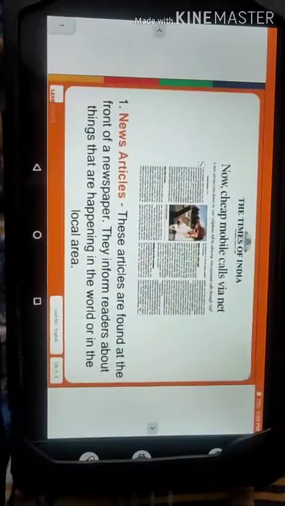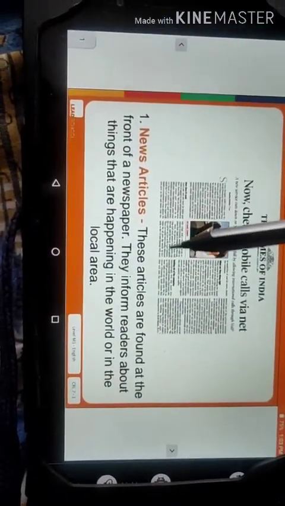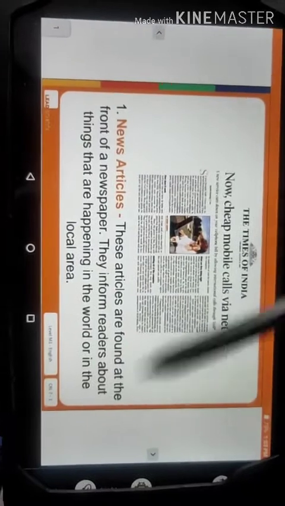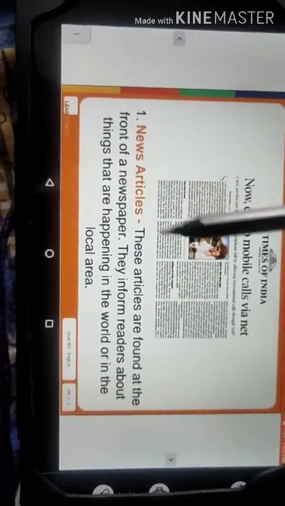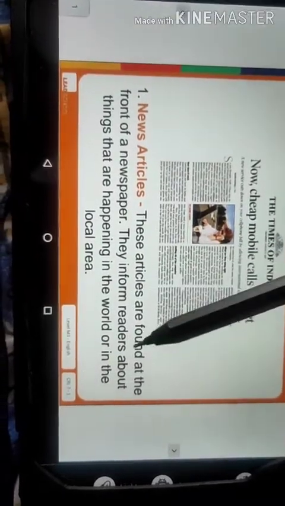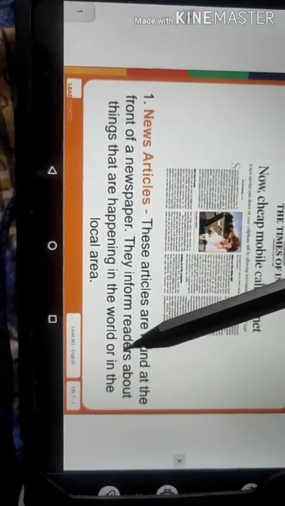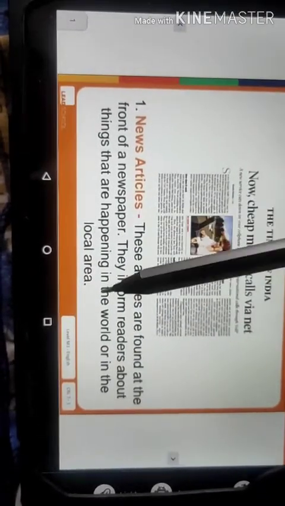So let us see some different types of newspaper articles. First one is news articles. These articles are found at the front of a newspaper, as you can see here. They inform readers about things that are happening in the world or in the local area.